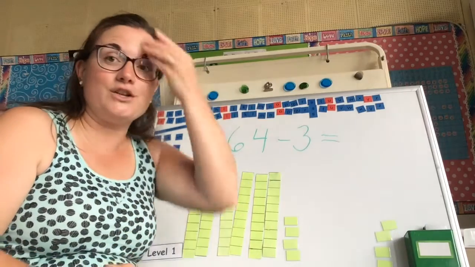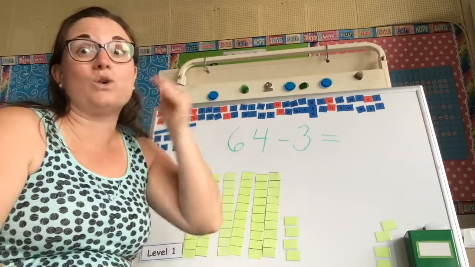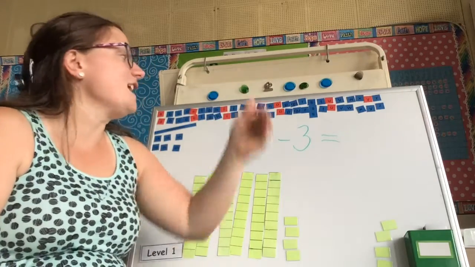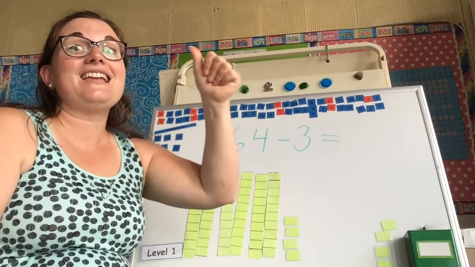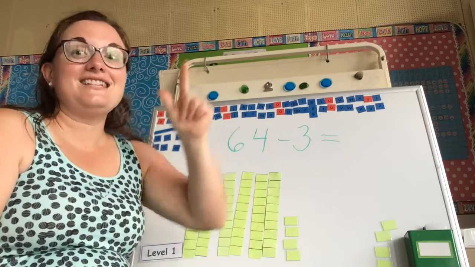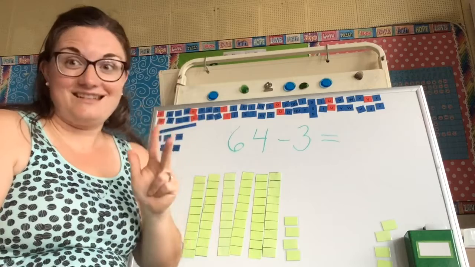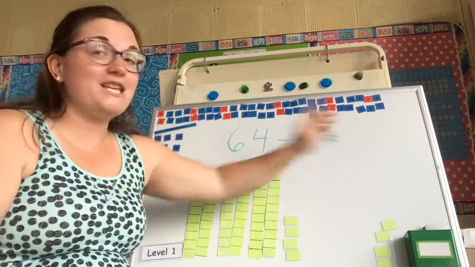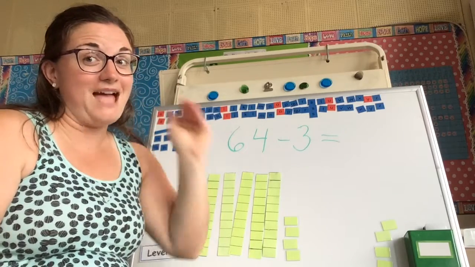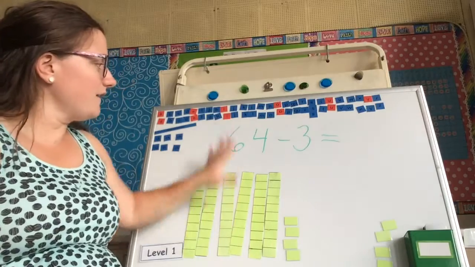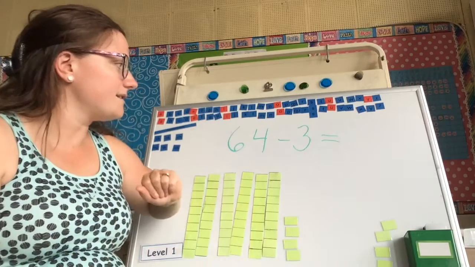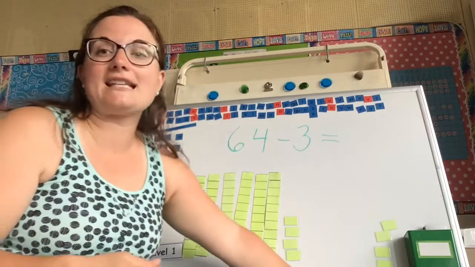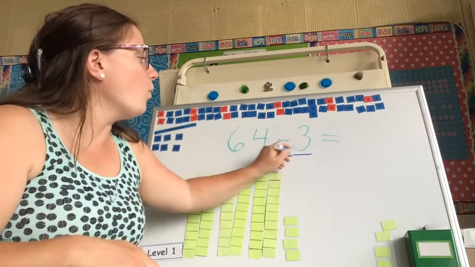If you are good at counting backwards, you can count back 3. So you might know the answer already if you counted back 3, but you can also think of it as tens and ones. I have 6 tens and I have 4 ones, and I want to subtract 3 ones, right?